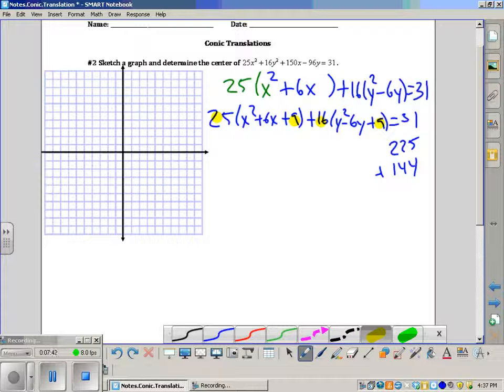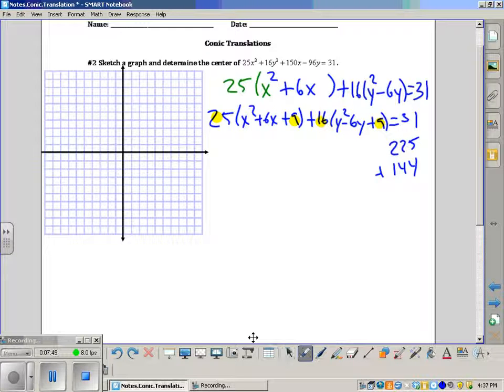So we're adding that to both sides, and we are going to get 25 times x plus 3 squared. So you get 400 on the right-hand side.